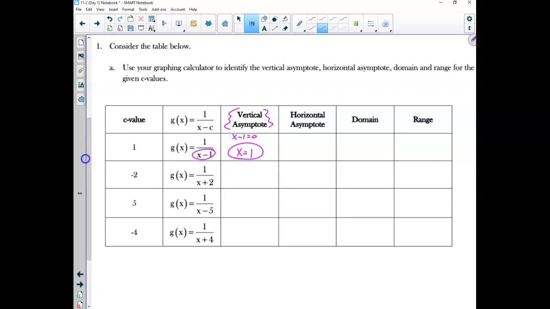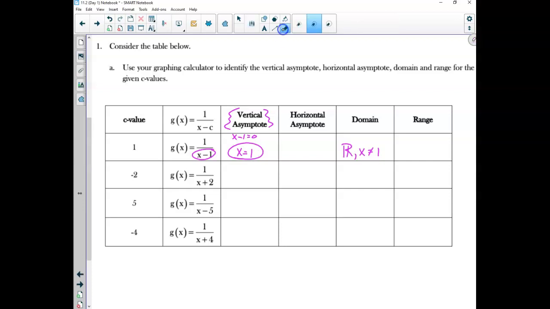And I have to exclude that from my domain because I can't divide by 0. But vertical asymptotes are basically, in a nutshell, 99% of the time, a vertical asymptote is whenever you divide by 0. Now, notice I said 99% of the time, not all the time.